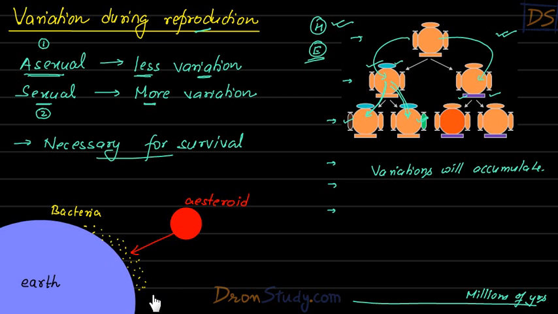Due to this, they have undergone a lot of evolution, as I described here. If you look at different types of bacteria residing on Earth, you will find a lot of variation in them. Some bacteria will have some properties, some will have different properties.